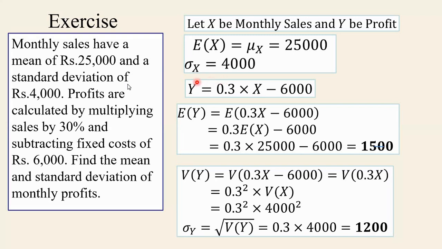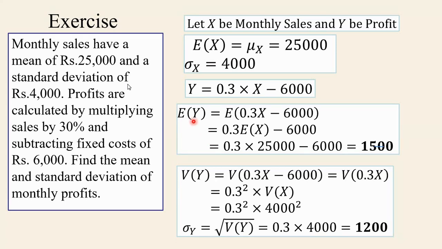Then the profit depends on the sales: sales is multiplied by 30%, so 0.3 into X, minus the fixed cost 6,000. Now, using this information, you have to calculate the mean and the standard deviation for monthly profit.